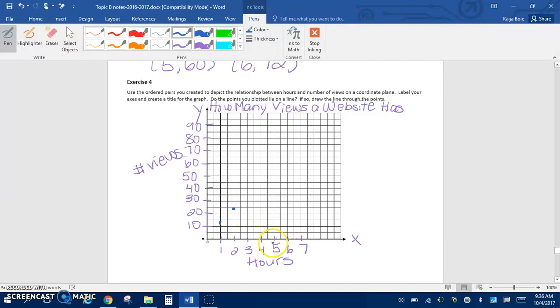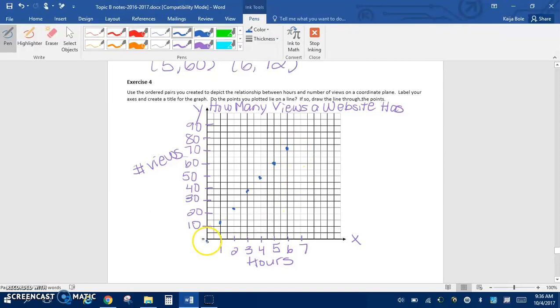And then we have (3, 36). And then we have (4, 48), which is going to be right under the 50. And then we have (5, 60), so that'll be right on the line. And then we have (6, 72), so right above 70 there.